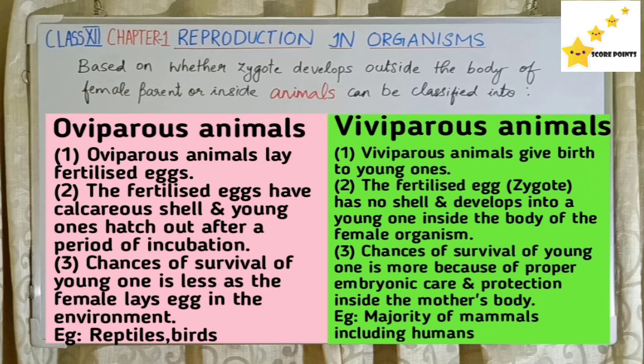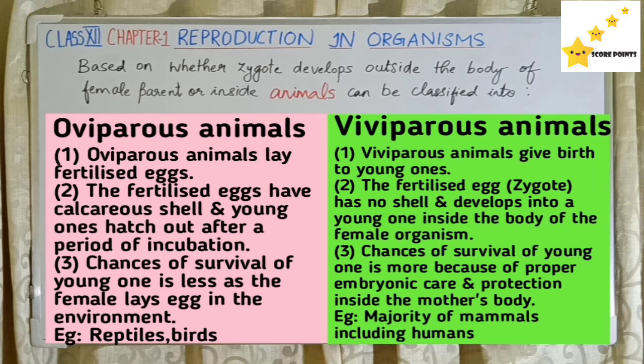In viviparous animals, the fertilized egg or zygote has no shell and develops into a young one inside the body of the female organism. In oviparous animals, the chances of survival of the young one are less as the female lays eggs in the environment, and for viviparous animals, the chances of survival of the young one are more because of proper embryonic care and protection inside the mother's body.